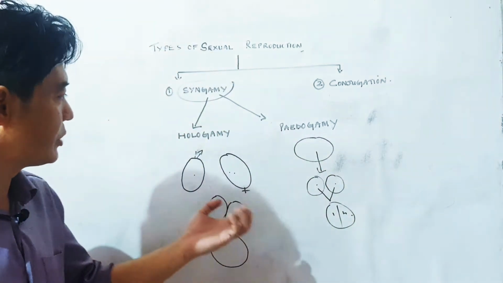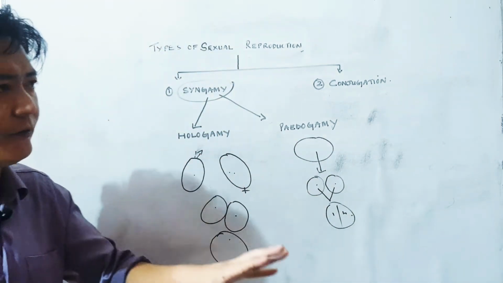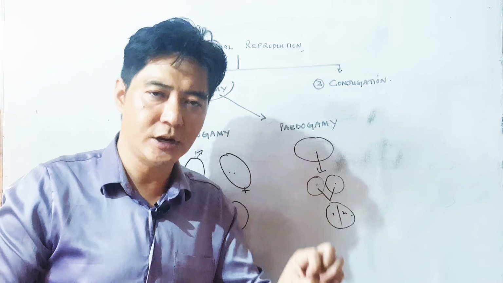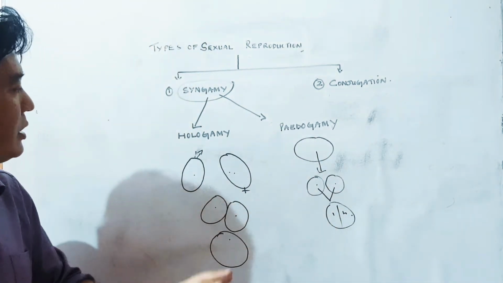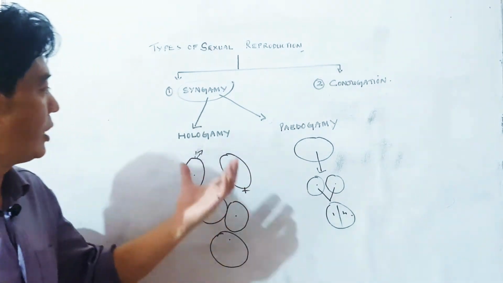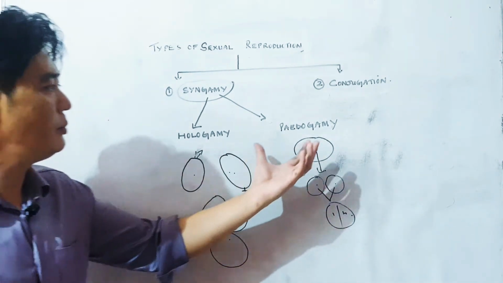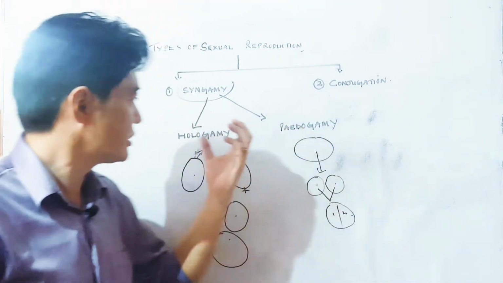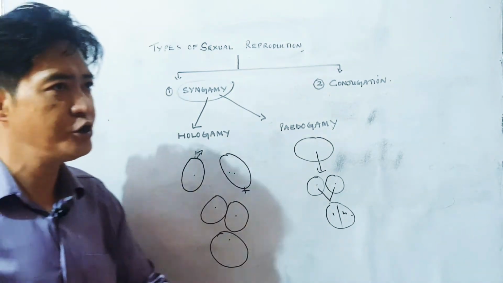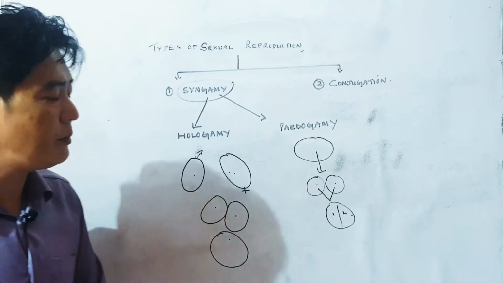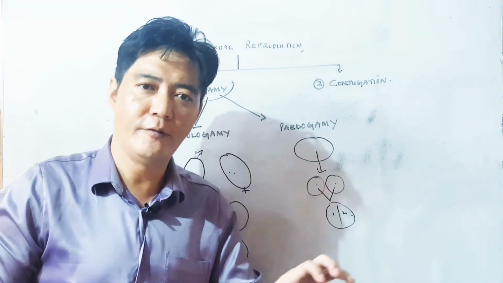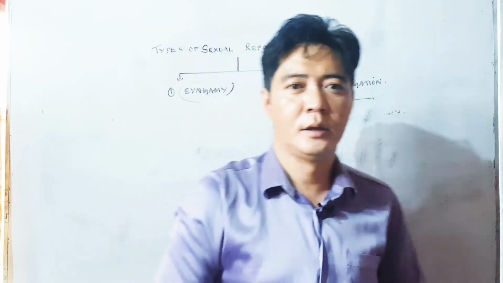So once again I will repeat that on the basis of maturity of the cells or the individual or the parental cell, syngamy is of two types. Number one, hologamy and pedogamy. In case of hologamy, matured cell is involved. In case of pedogamy, newly born or newly formed cell is involved.